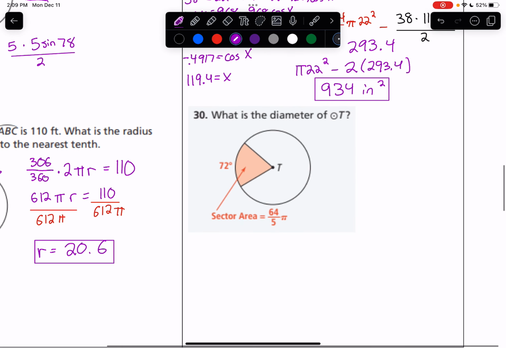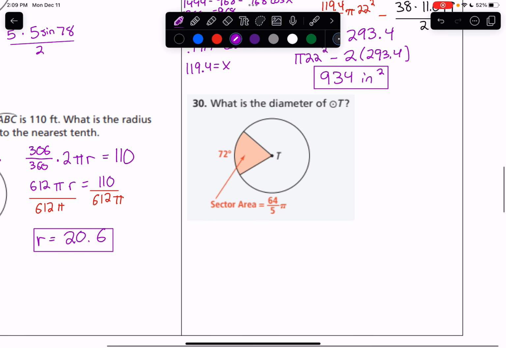Number 30, what is the diameter of circle T? It gave us the sector area. So we can use the sector area formula backwards to find the diameter. We can say that we know that 72 over 360 times pi r squared, pi times radius, which we don't know, squared, is equal to the sector area, 64 over 5 pi.